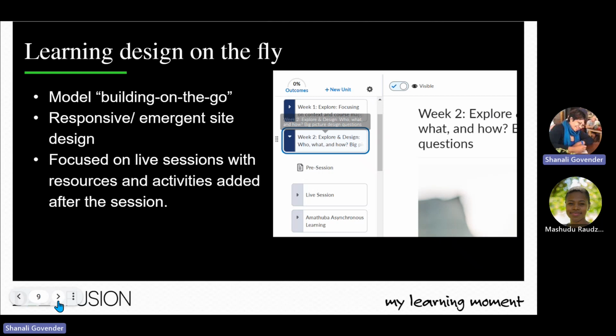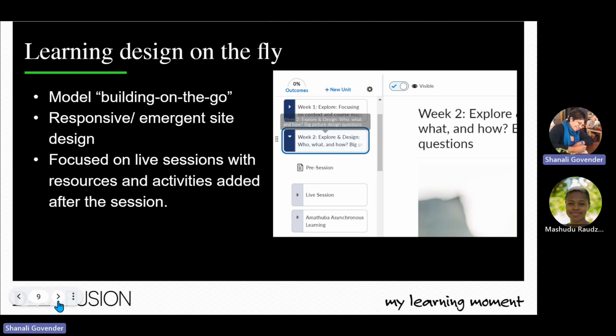We had a pre-session page that we tried to make sure was available to our participants at the beginning of each week. Pre-session referring to before the live session. And then we built both the contents of the live session and the asynchronous learning unit based on what our participants indicated was interesting to them, was a challenge for them, and so on.